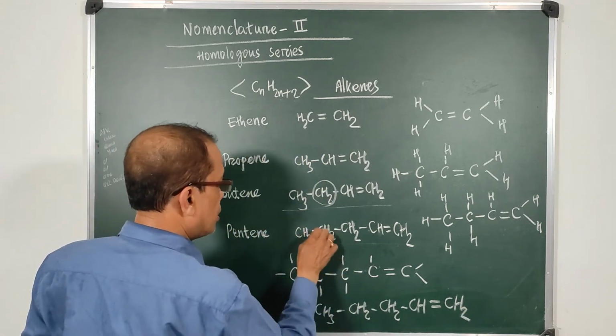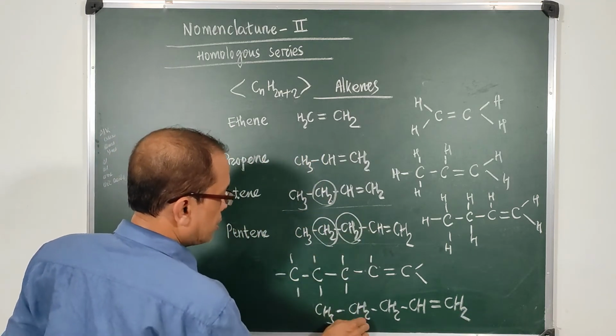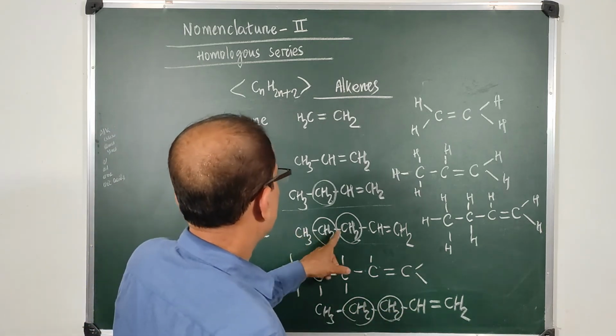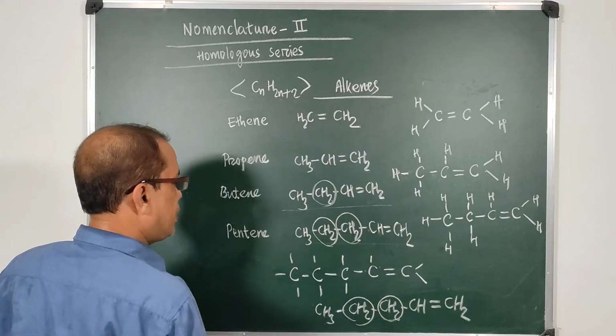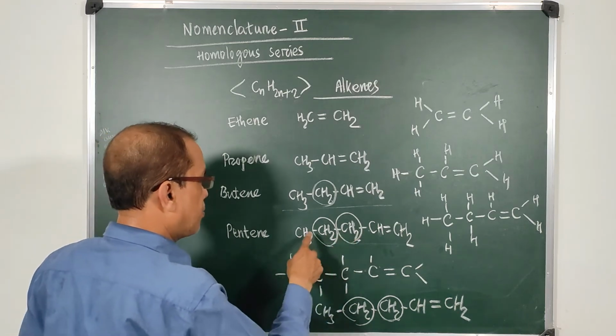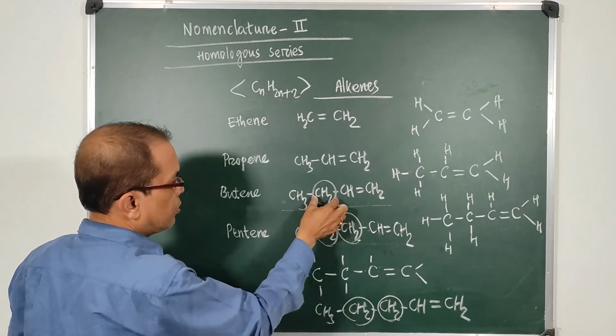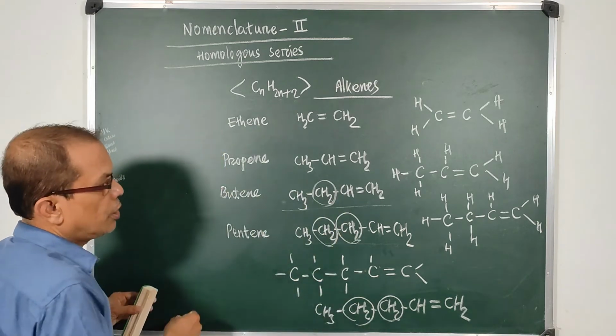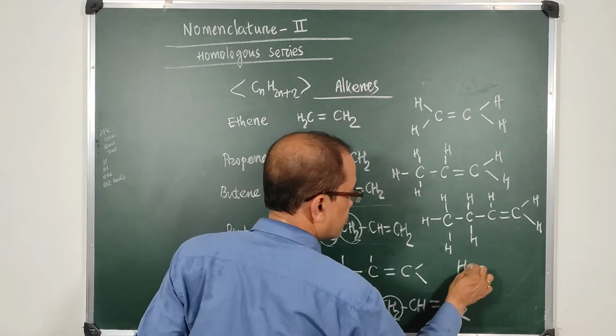So you see the difference between butene and pentene: in butene there is 1 CH2, while there are 2 CH2 in pentene. So this is also homologous.